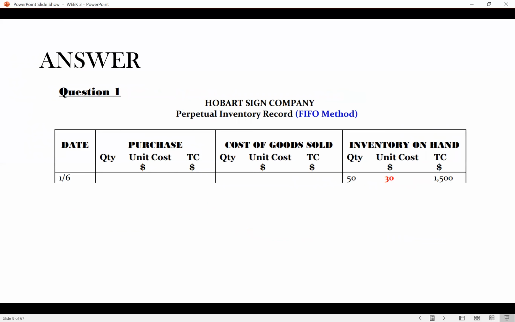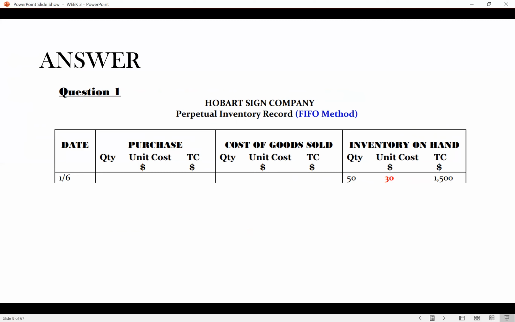So where is this going? We have our date, June 1, we began the month, right? And this is going to be going in our inventory on hand column, right? The quantity, 50. The total cost, the question gave us 1,500.